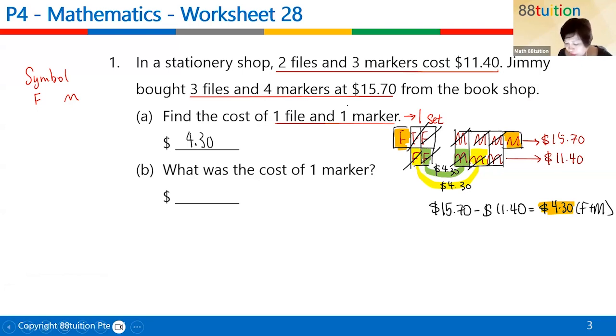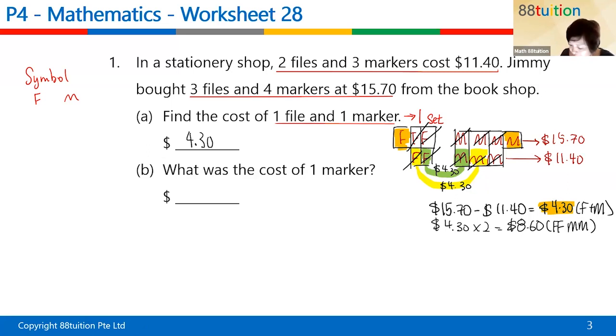So technically, from the whole 2F and 2M, it will cost me 2 sets of marker and file, right? So how much is the 2 sets? I go and multiply by 2. Okay, and this will give me $8.60. So this $8.60 will be the costing for FFMM. Agree or not? Okay. So FFMM already, so I can use the $11.40 to minus the $8.60, which give me $2.80.